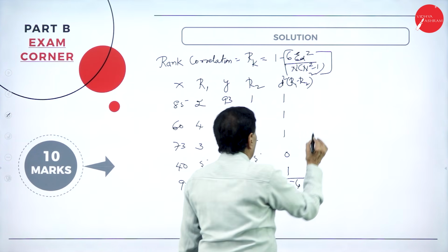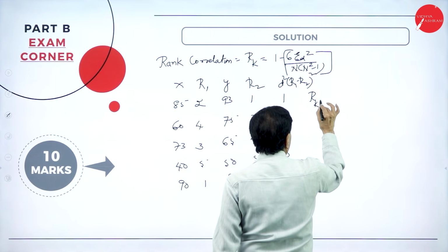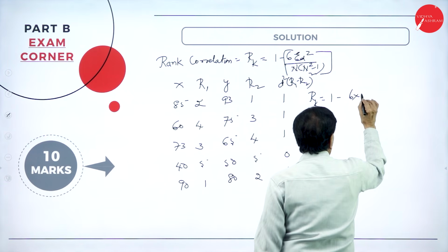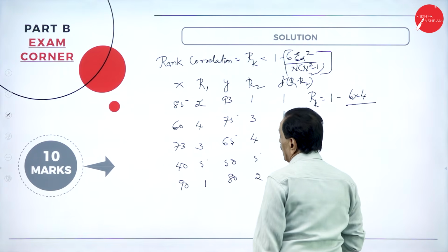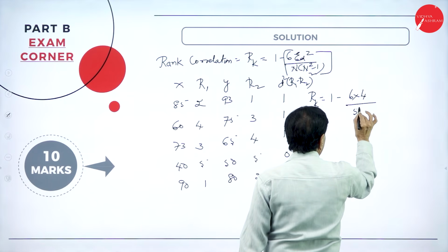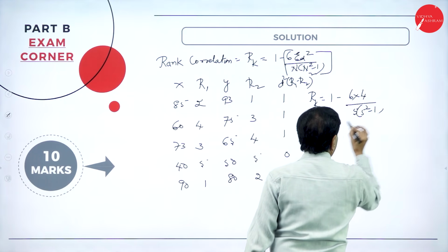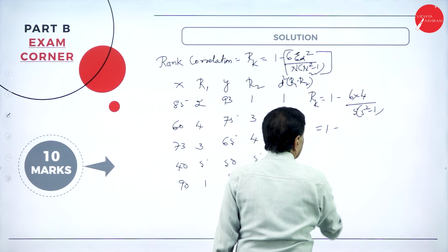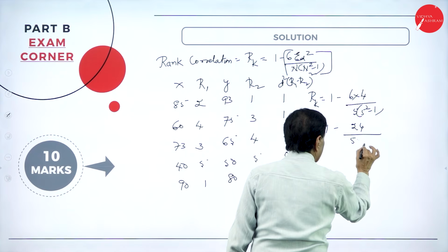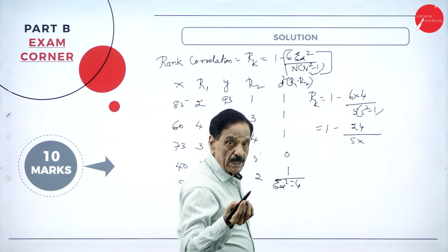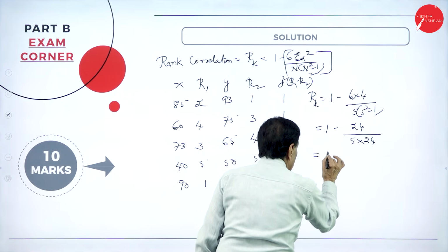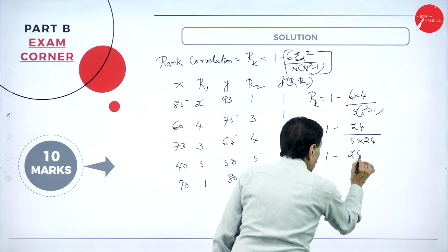Apply: rank correlation is equal to 1 minus 6 into sigma d square, which is 4, divided by n into n square minus 1. How many items are there? 5. 6 fours are 24. This is 5 into 5 square, 25 minus 1, 24.